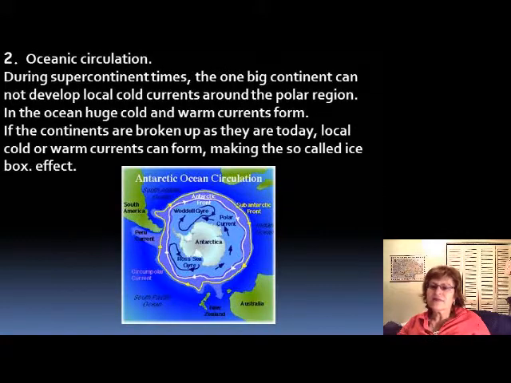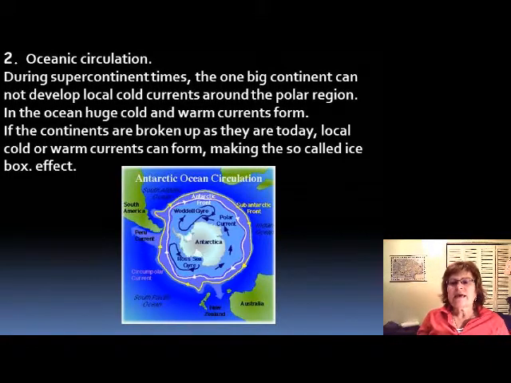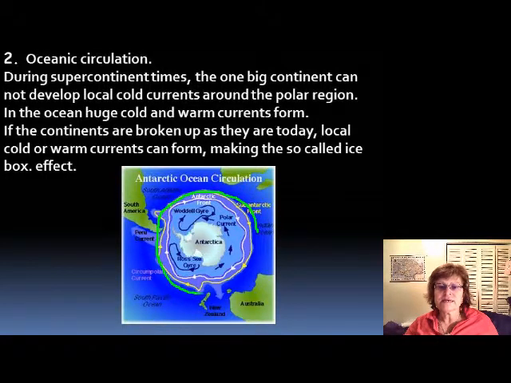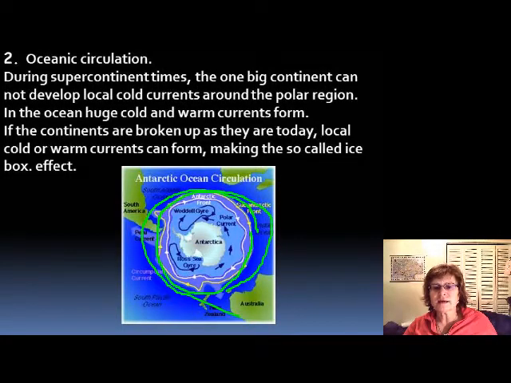The other thing which you need for the ice age is to learn about the oceanic circulation. When an ice age is getting set up, usually there will be a current developing around the continent at the pole, and that's going to be a cold current which completely shuts down any warm current touching the cold area.